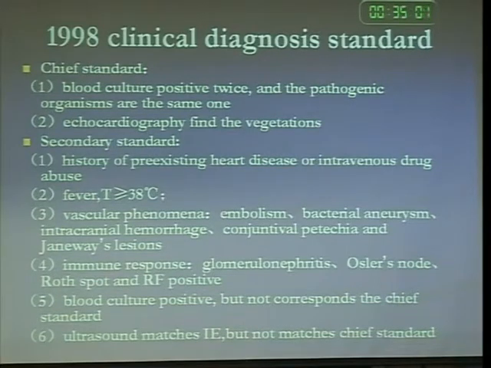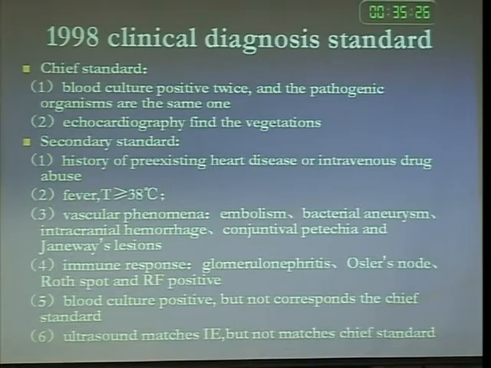So that should be twice. If we collect blood culture 3 times, and we get just 1 time positive and the other 2 times negative, we cannot make sure of the diagnosis. So we need to do another 3 times blood culture.